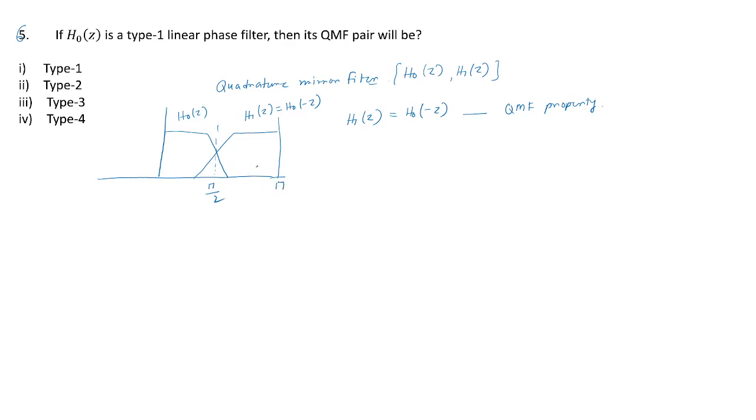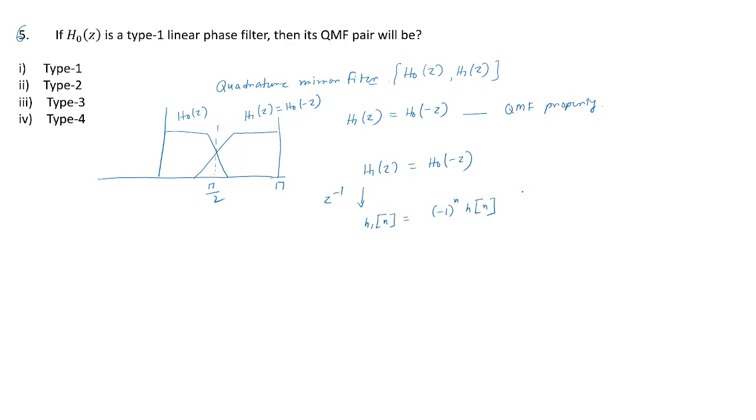This is pi here. So if H1(z) is equal to H0(-z), you take the inverse Z transform to get the corresponding impulse response: h1(n) is equal to (-1)^n h0(n).